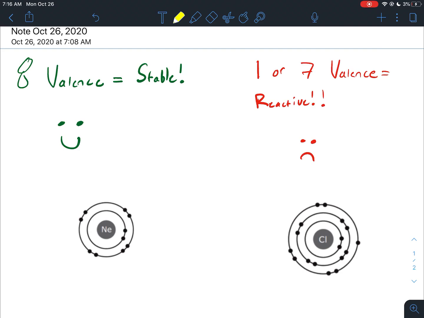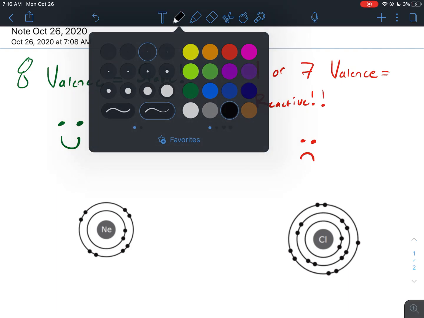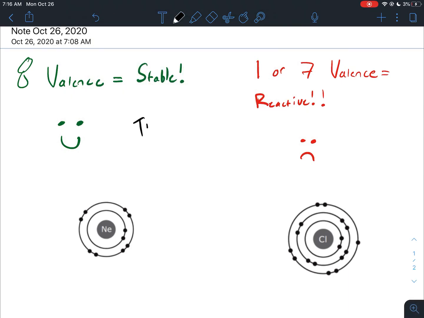The number of valence electrons, and I'm going to put this in a box because this is going to be one of your answers, determines reactivity.